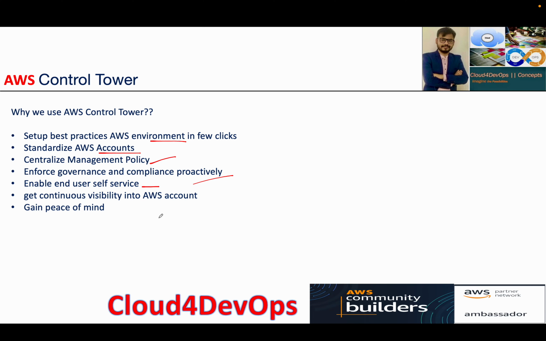They will be responsible for creating their dev account. So for example, tomorrow there is a requirement for creating a dev account. In that case, the developer lead, whoever we have given access to, can go ahead and create an account for their team. So they don't have to come back to us. That makes it a self-service portal for them, right?